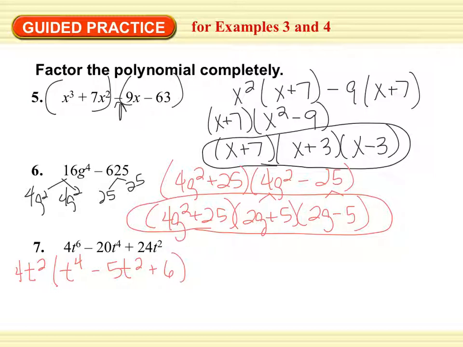And then a times c is 6, so two things that multiply to 6 and add to negative 5. Negative 2 times negative 3. I'm going to run out of room. Okay, we're going over here. Changing colors. My monomial, and then t to the fourth minus 2t squared minus 3t squared plus 6. Factor by grouping.